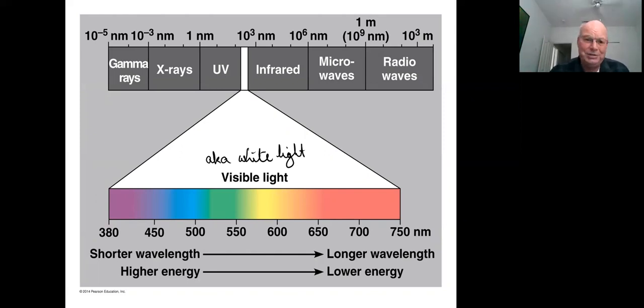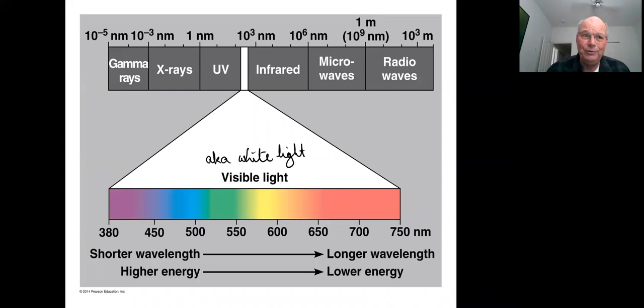And that's what allows us to see the broad spectrum of colors that our eyes are sensitive to. It turns out that plants are sensitive to the same wavelengths. So they can detect light from about 380 nanometers through to about 750 nanometers, because those happen to be the wavelengths that are detectable by most forms of life.